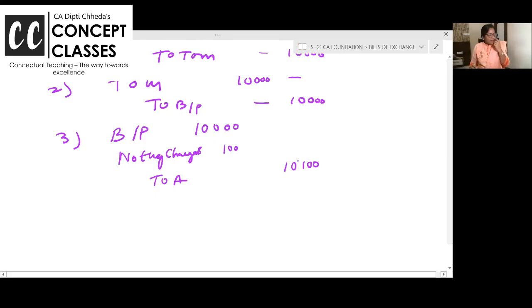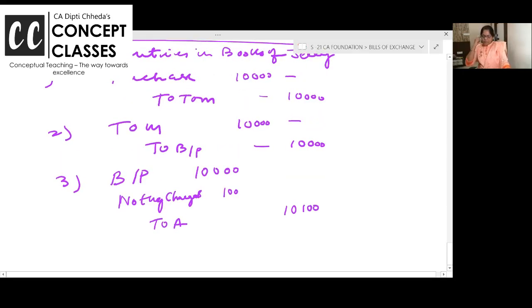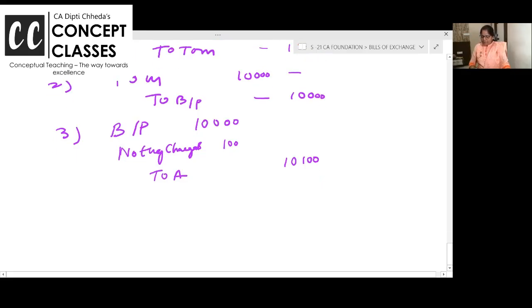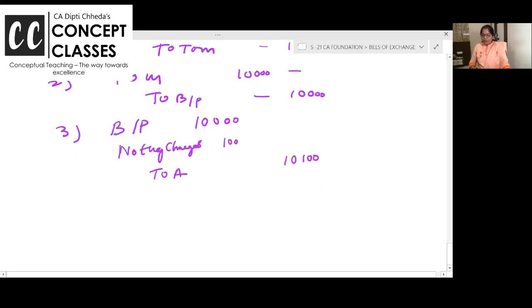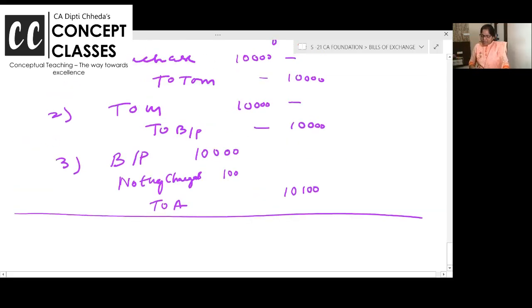Bills payable debit 10,000. Noting charges debit 100 to A 10,100. Purchase to Tom, Tom to bills payable, and bills payable, noting charges debit to A. Okay? Right. So like this, we have to pass the 3 entries only.